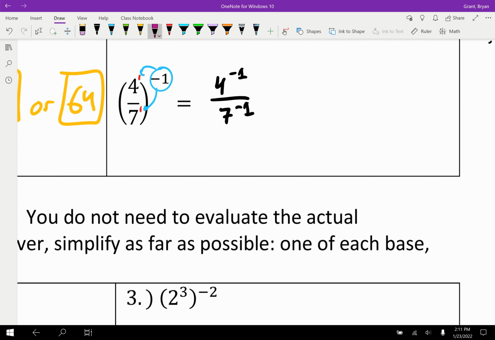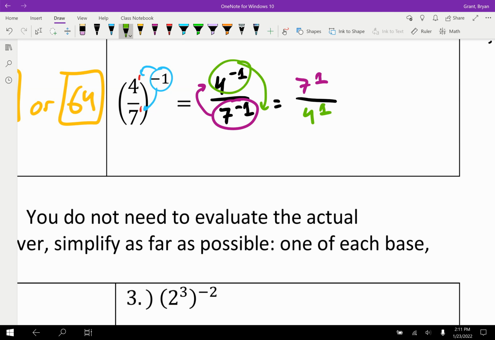Except we still have negative exponents. Arguably, we have more negative exponents. So let's make them positive. 7 to the negative first will move to the numerator, and that will give me 7 to the positive first. 4 to the negative first will move to the denominator, and that will give me 4 to the positive first.